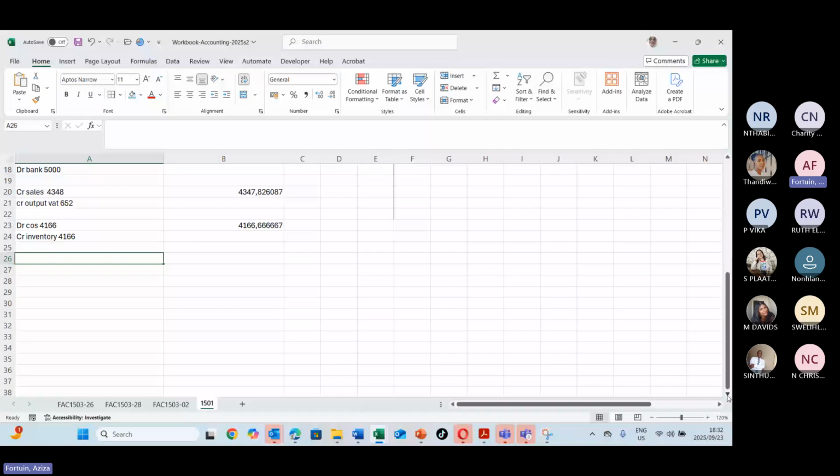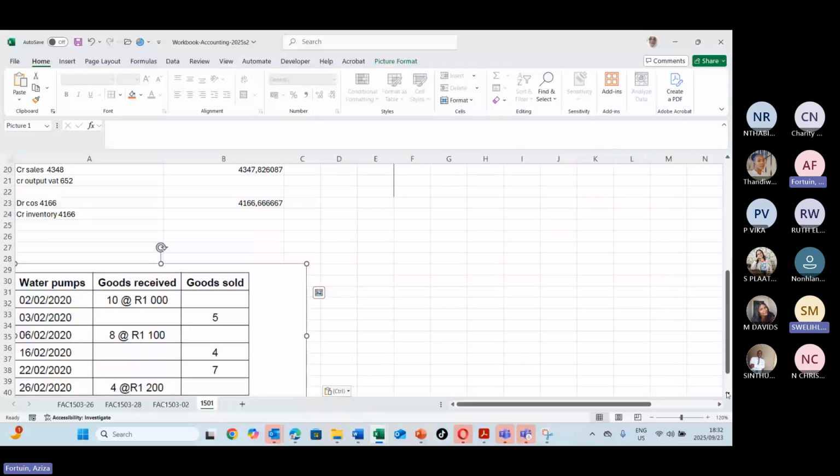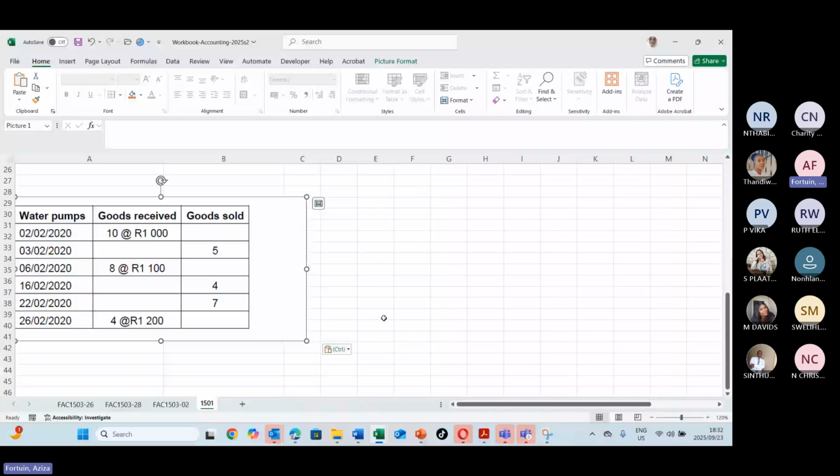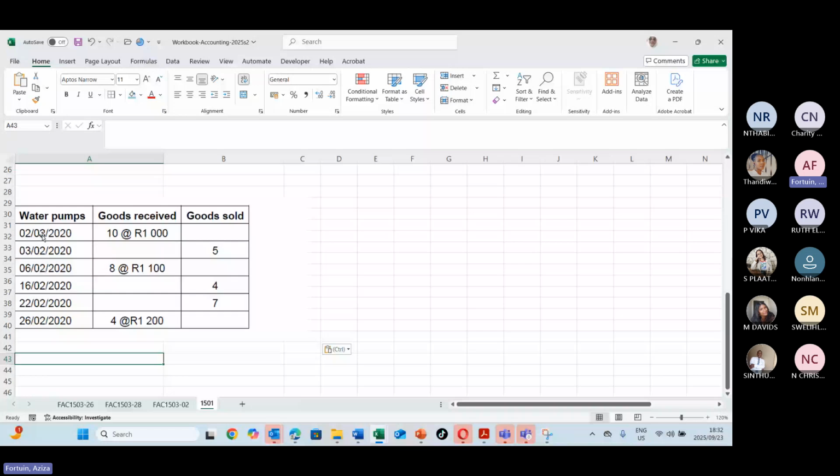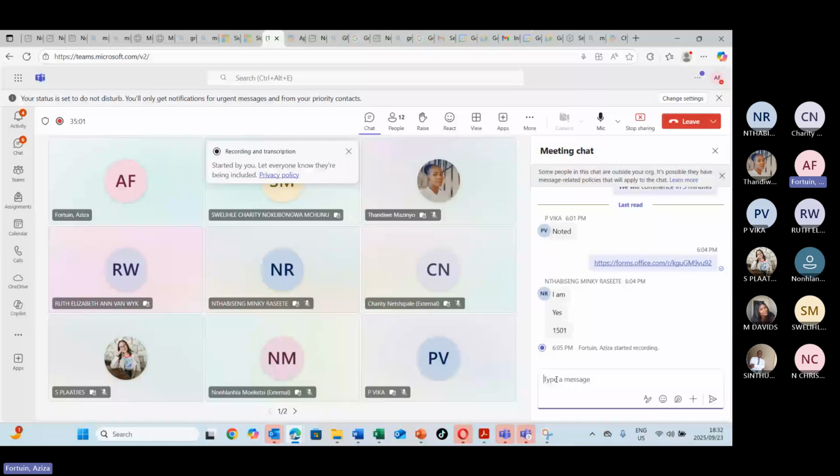I'm sure you don't have problems putting it in a T account still. Okay, so I want you to calculate what the cost of the inventory is if you received 10 water pumps and then you sold 5. Okay, I'm going to give you at least 5 or 6 or 7 minutes. I want you to do it for me on a piece of paper, and then you come and tell me where the problem is.